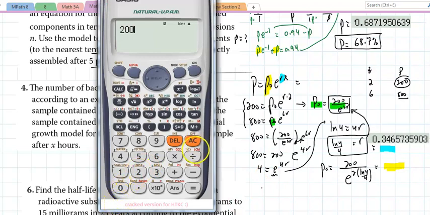If I take 200 divided by parentheses, and e, oops, wrong key, and e raised to the 2 times natural log of 4 divided by 4.